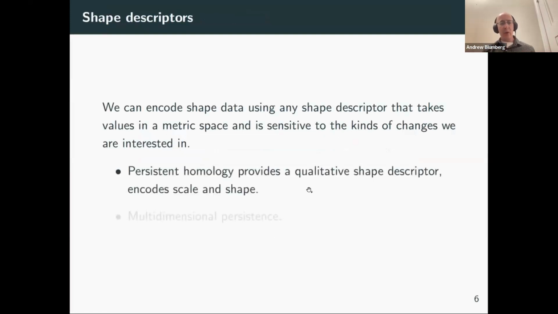So as everyone knows, persistent homology is a great qualitative shape descriptor that lands in a metric space and encodes information about both scale and shape, or really shape at varying scales, right, as we know. Multi-dimensional persistence works perfectly well for this purpose, and really anything else you can think of that you can put a metric on. But maybe I'll talk in terms of persistent homology to be concrete and to fix ideas as we go through.